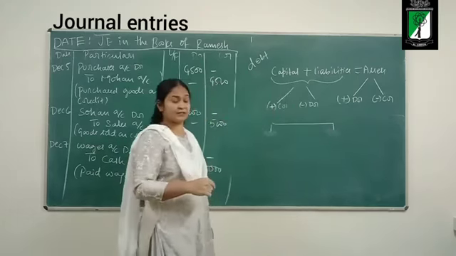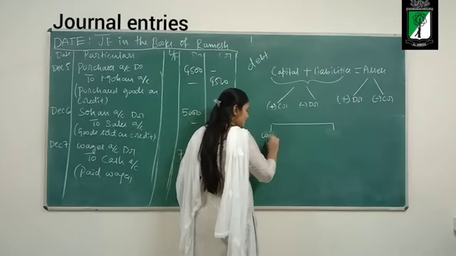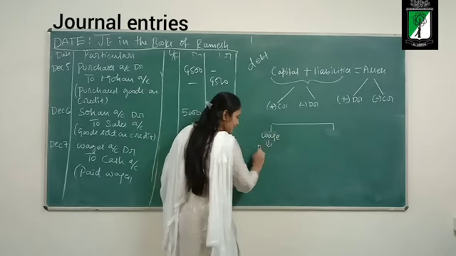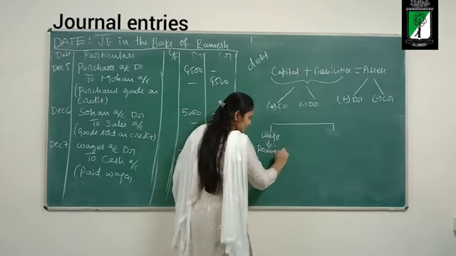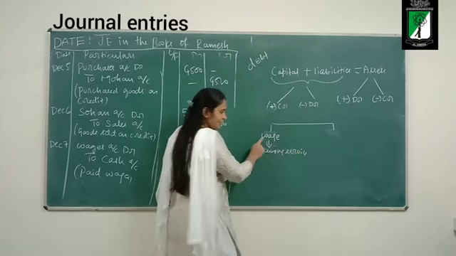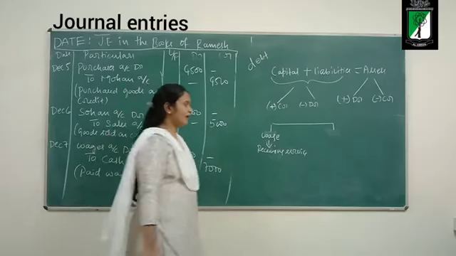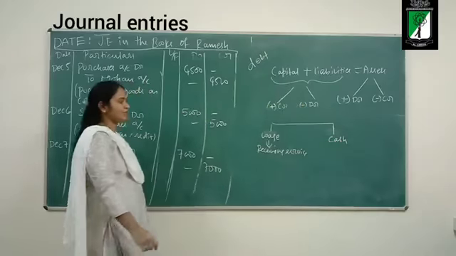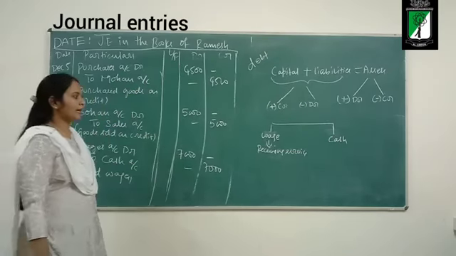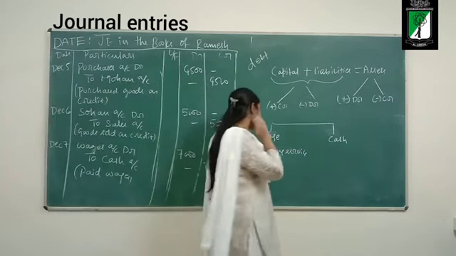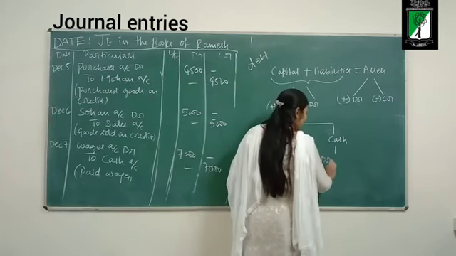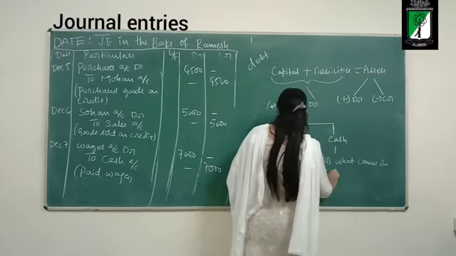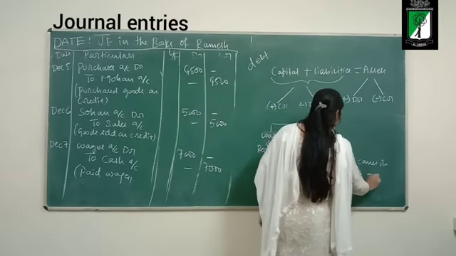Business is receiving service, for which it is paying wages. It is paying wages in the form of cash. Cash is an asset. Debit what comes in. Credit what goes out.